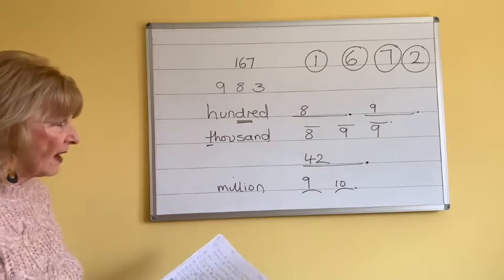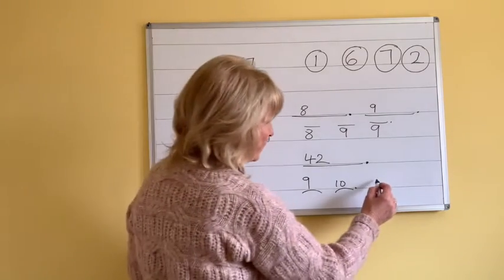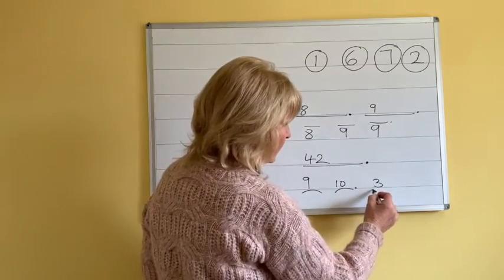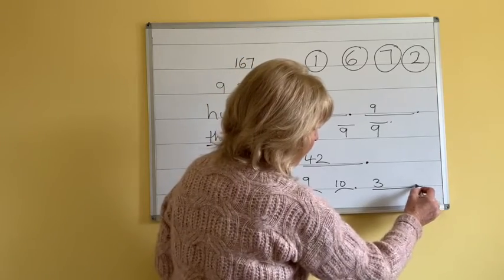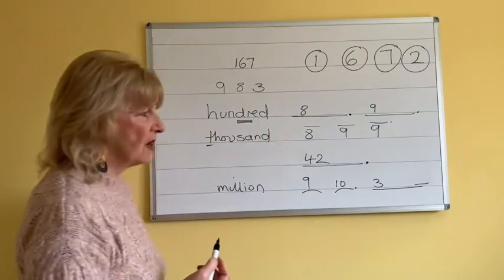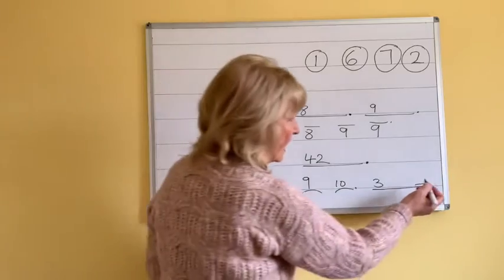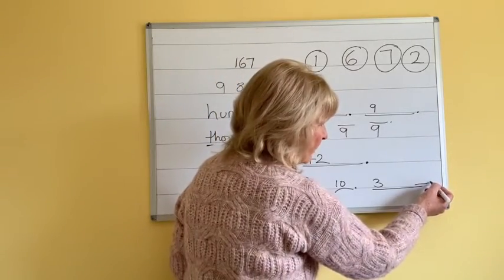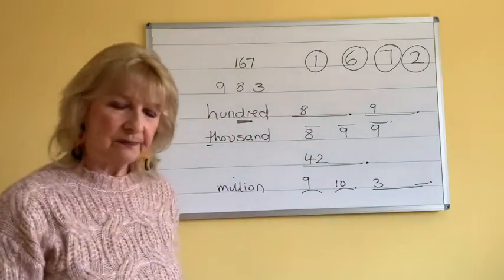So supposing we have 300,000, we'll write 3, DR for 100, and then a T for 1,000. 300,000 and 300,000 pounds.